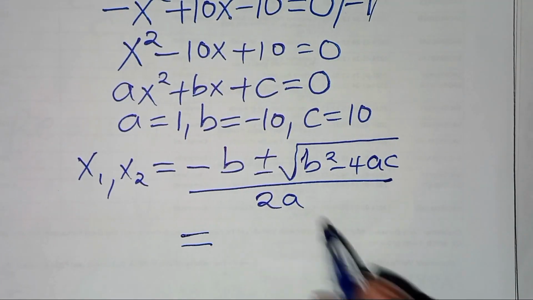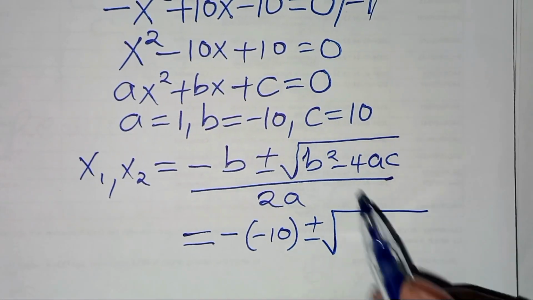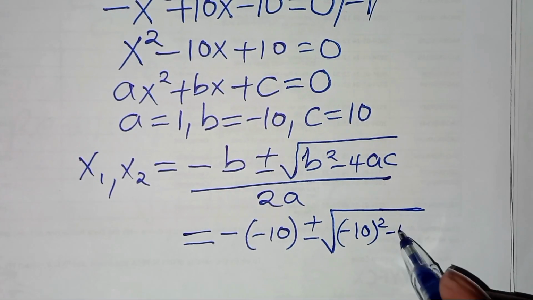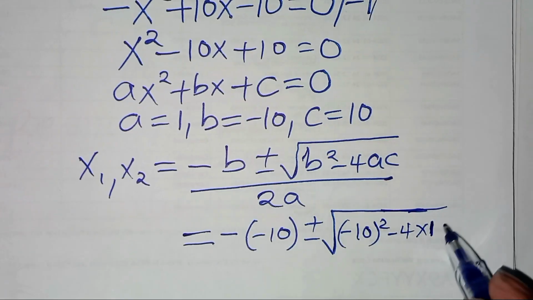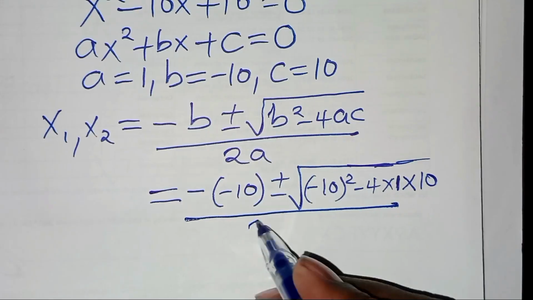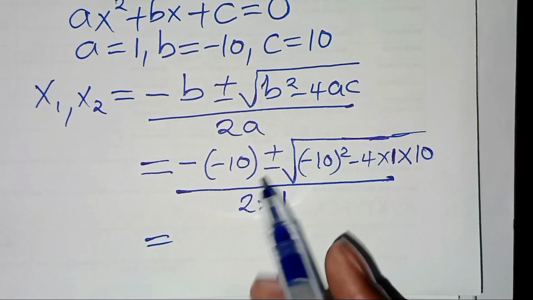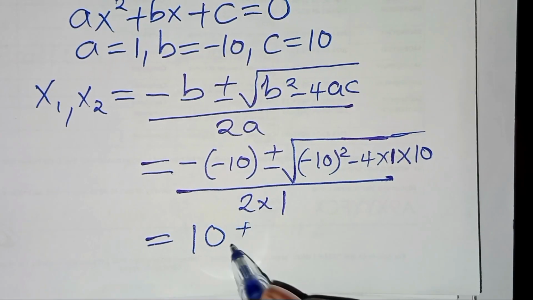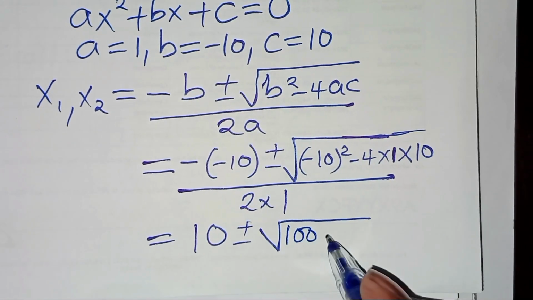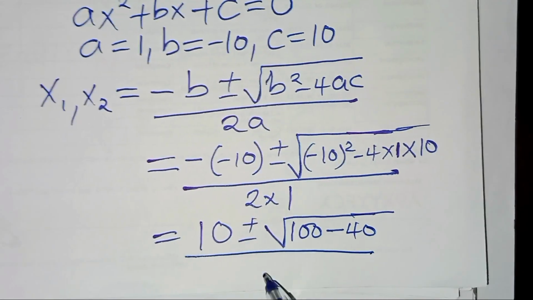So here we'll have minus 10 plus or minus the square root of minus 10 squared, subtract 4 times a, which is 1, times c, which is 10, all divided by 2 times 1. Next step, we'll have minus times minus 10, which is 10, plus or minus the square root of minus 10 squared, which is 100, subtract 4 times 10, which is 40, all divided by 2.